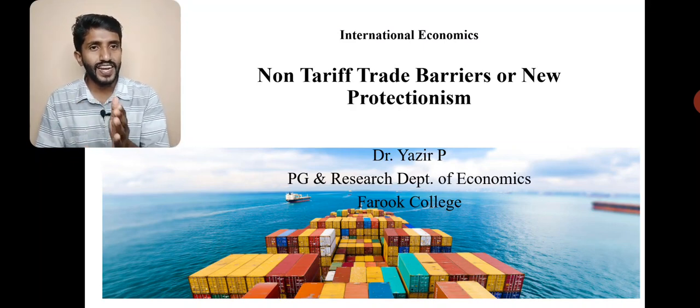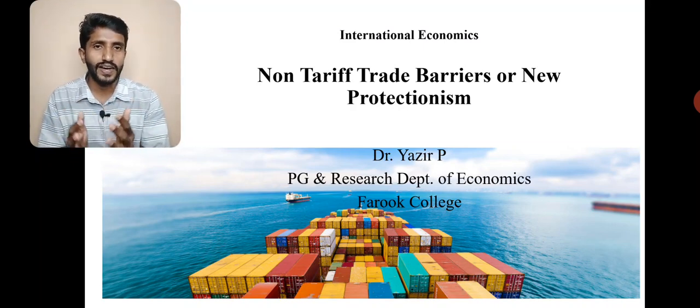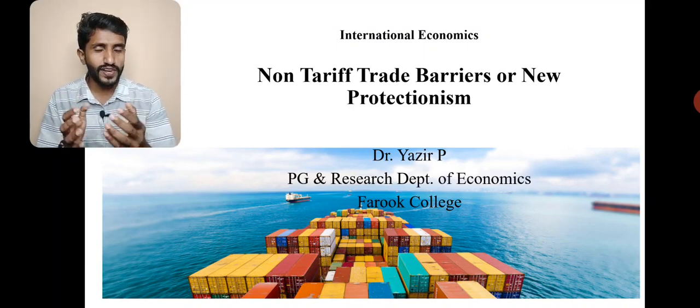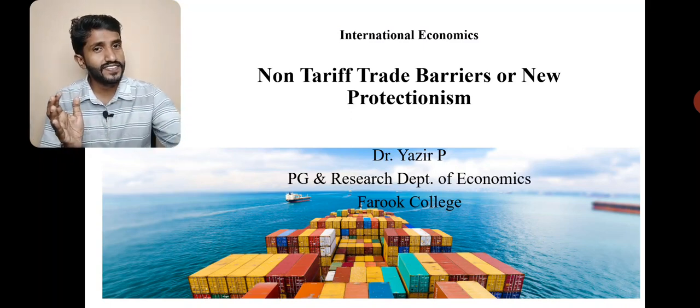Today we are dealing with non-tariff trade barriers, or we can say that it is a new protectionism. Why is it called new protectionism? Because especially it started after the Second World War.